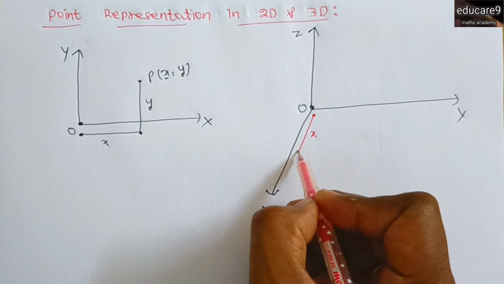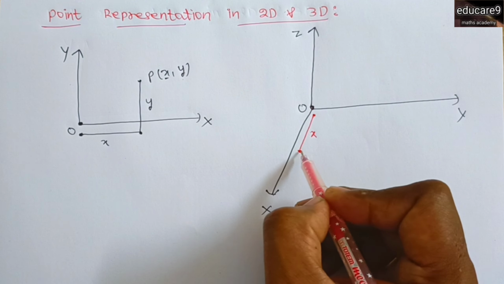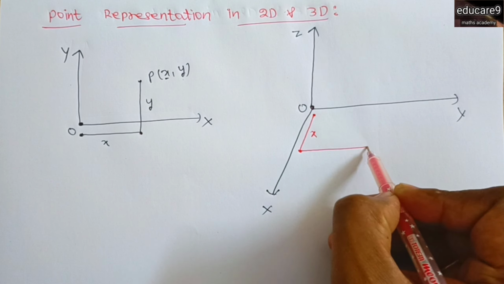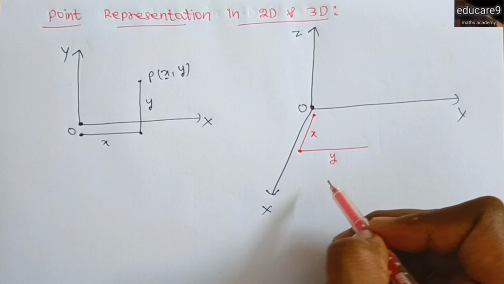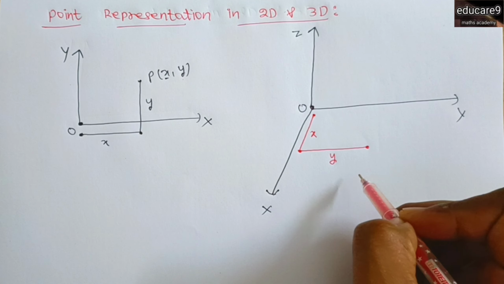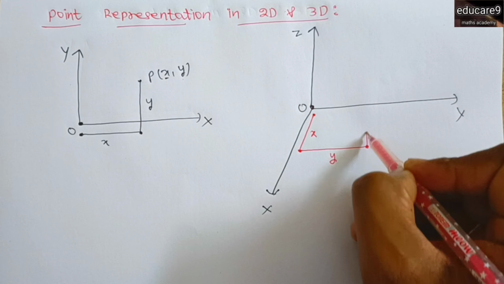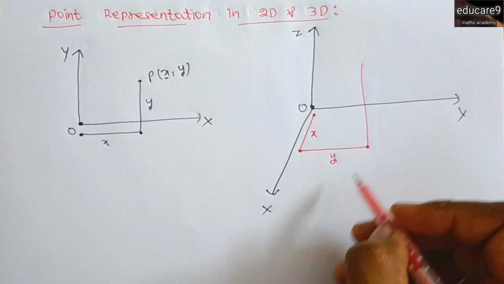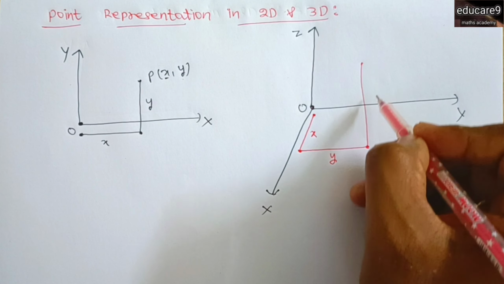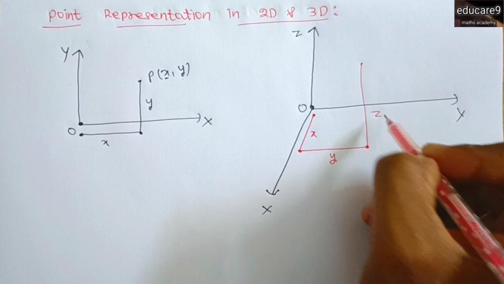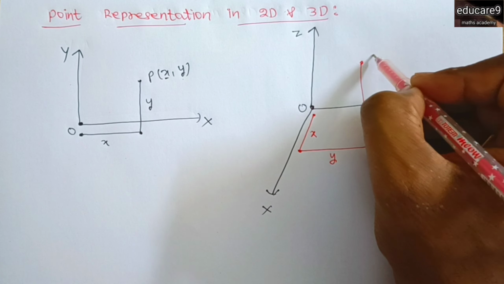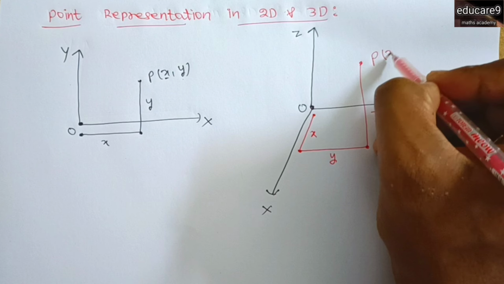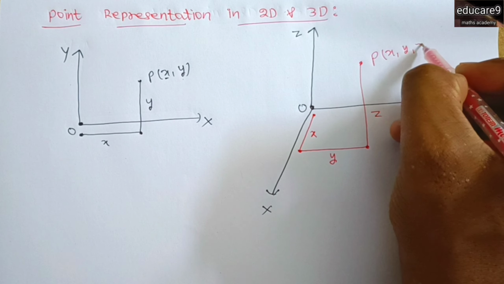Again he starts from here, he moves parallel to the y-axis at some distance y. Again he starts from here and he moves parallel to the z-axis with some distance z. Then this point can be represented as P(x, y, z).